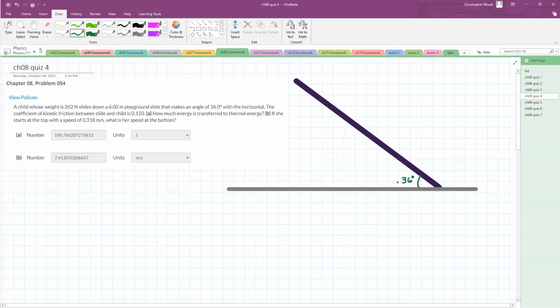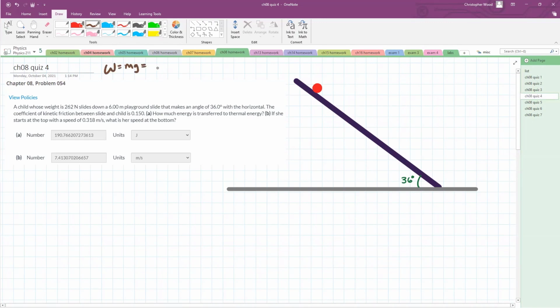Okay. I'm going to represent the child with just a dot. So this red dot is the child sliding down this slide. A child who weighs 262, and remember, weight equals mass times gravity.